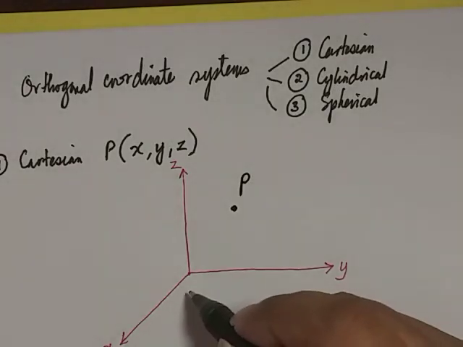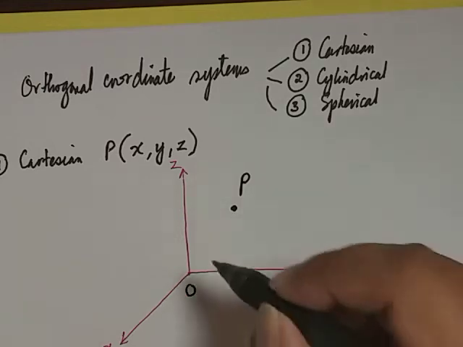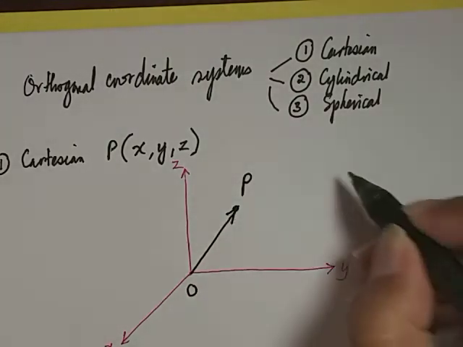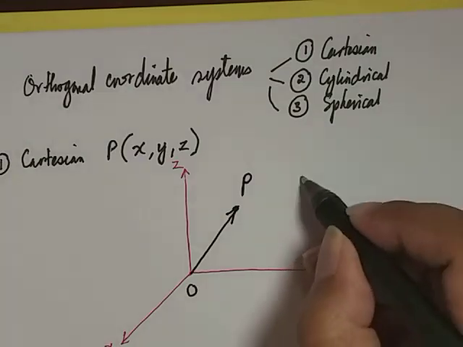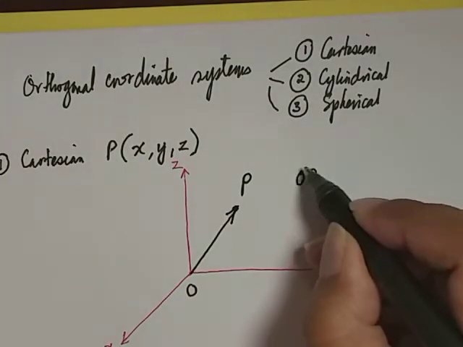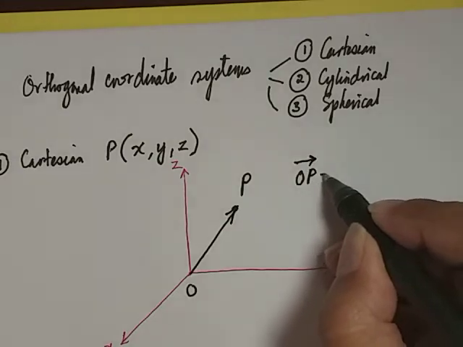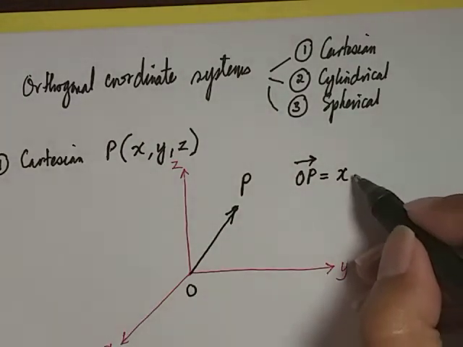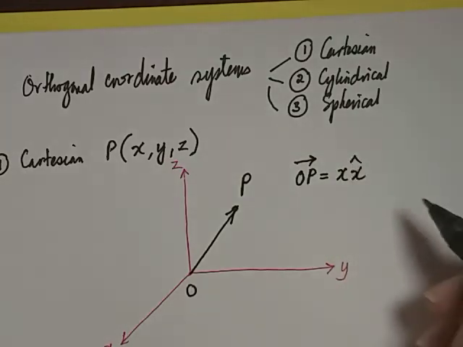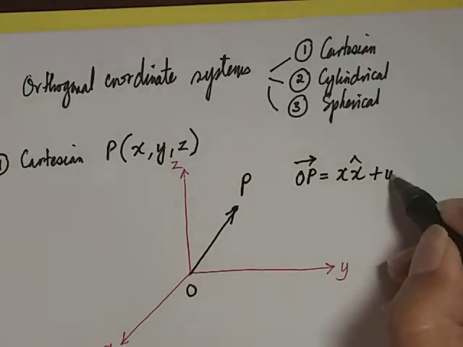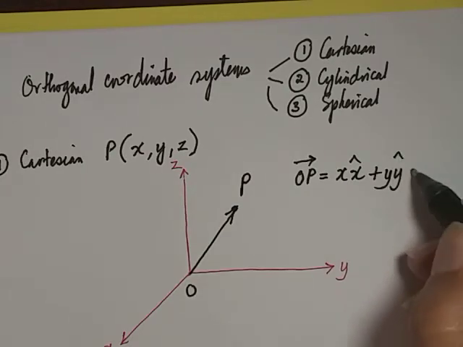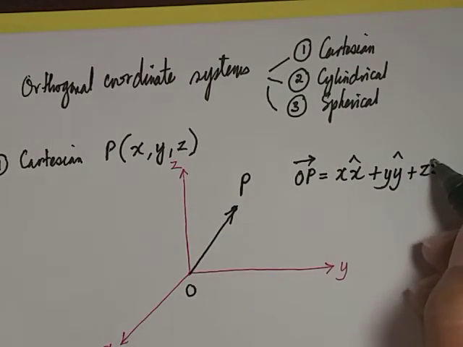Let's say we want to show a vector from O to P. We call it a position vector, vector OP. And from our previous discussion, that can be presented as x in the x direction, plus y in the y direction, plus z in the z direction.